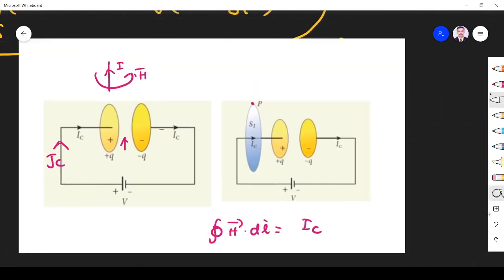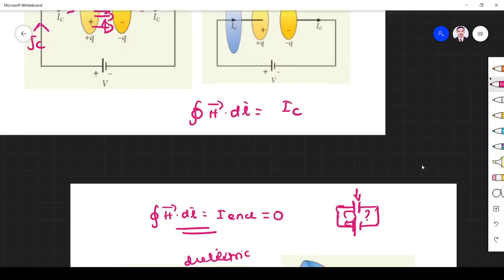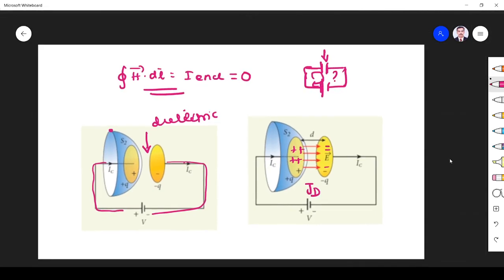So in a capacitor, what we have to remember is, from here to here, in the conductor the current is conduction current, and in the dielectric the current is displacement current, which is due to the electric field. How does the electric field create current? This is the reason we proved, right?